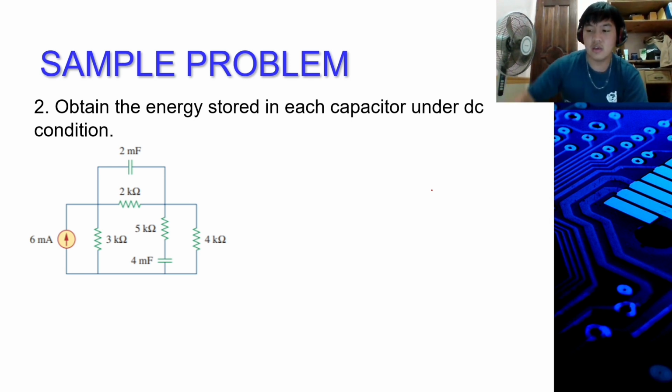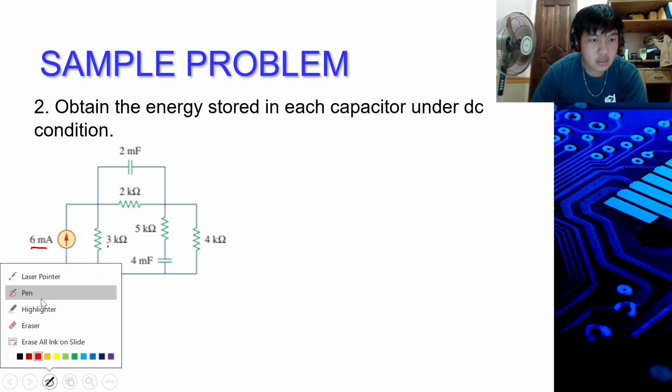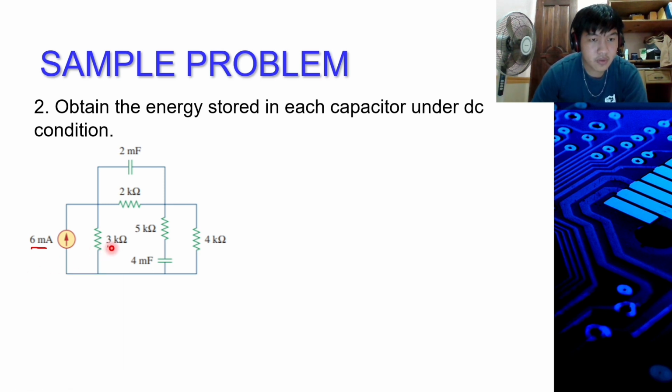In our circuit we have 6 milliamps, 3 kilo ohms, 5 kilo ohms, 4 kilo ohms, 2 kilo ohms, and capacitors of 4 microfarad and 2 microfarad.